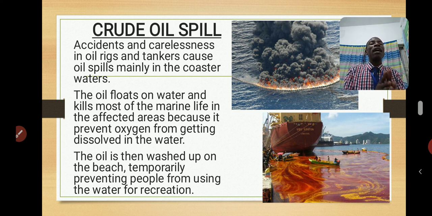So that is why the communities that are endangered by this crude oil spillage, they normally get some compensation from the government, but it is actually a major problem in Nigeria. So that is how crude oil causes water pollution.